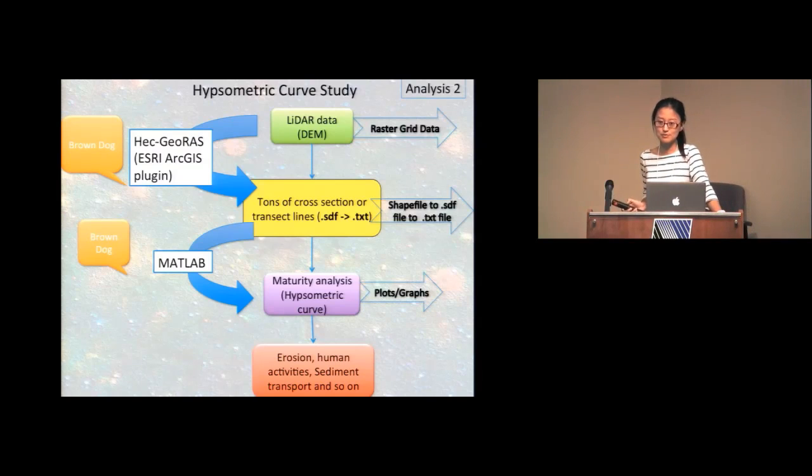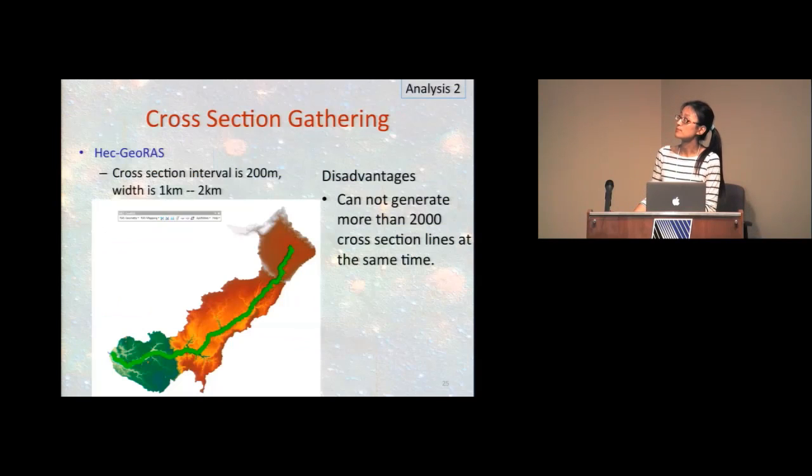So I use MATLAB to process the text file and get more plots and other information from that. So this is an example of how I use the HackGRS tool. By the way, both HackGRS and T2 tools can be plugged in as a toolbox, which means you can use them in ArcGIS.